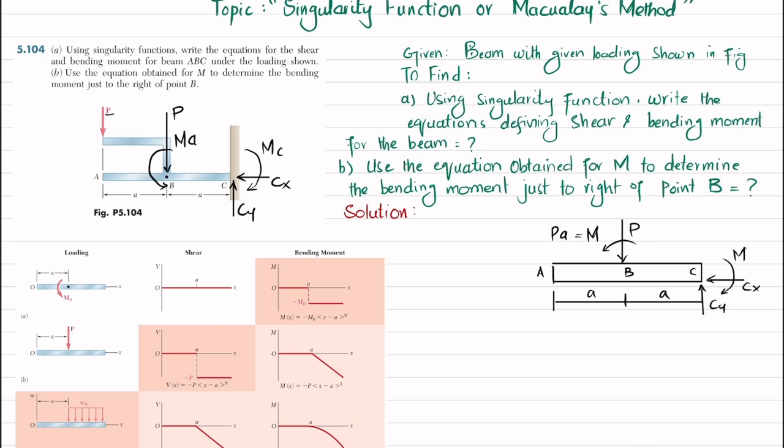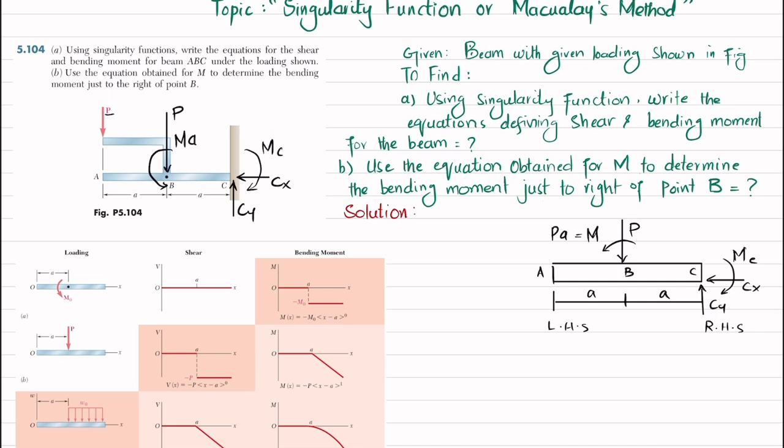We are not interested in finding MC, CX and CY because they will not be used, and the terms on the right hand side will be neglected, and I have solved too many problems on that.